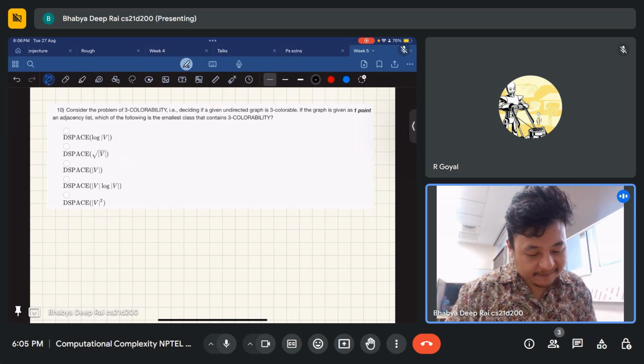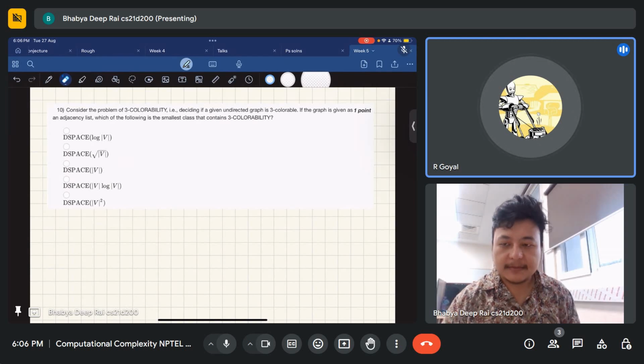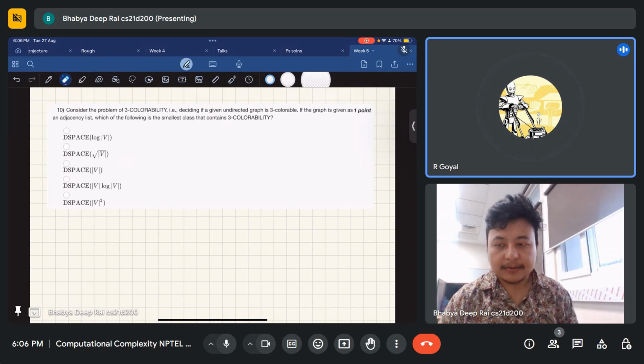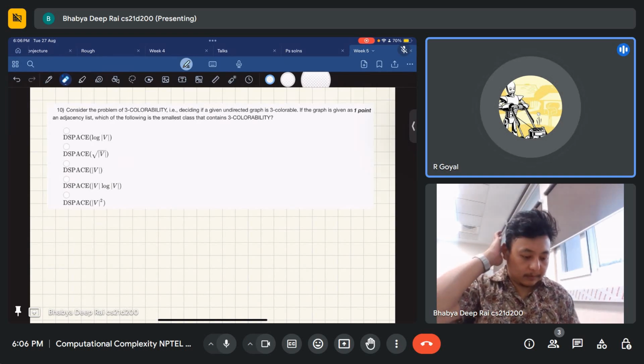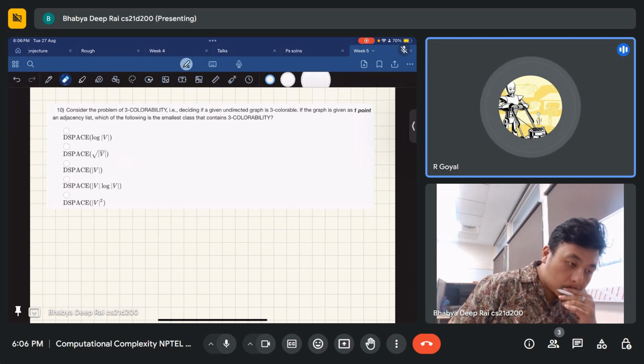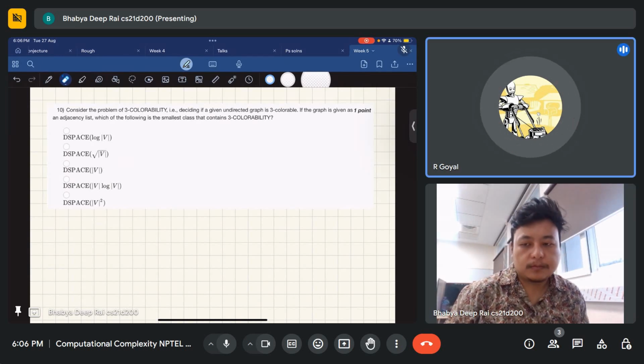Yes, 3-colorability as such is NP-complete. But all the complexity classes here belong to the space complexity class, and the graph is represented as an adjacency list. So whether the graph is 3-colorable or not, from the space viewpoint, I need to check three things at a time.